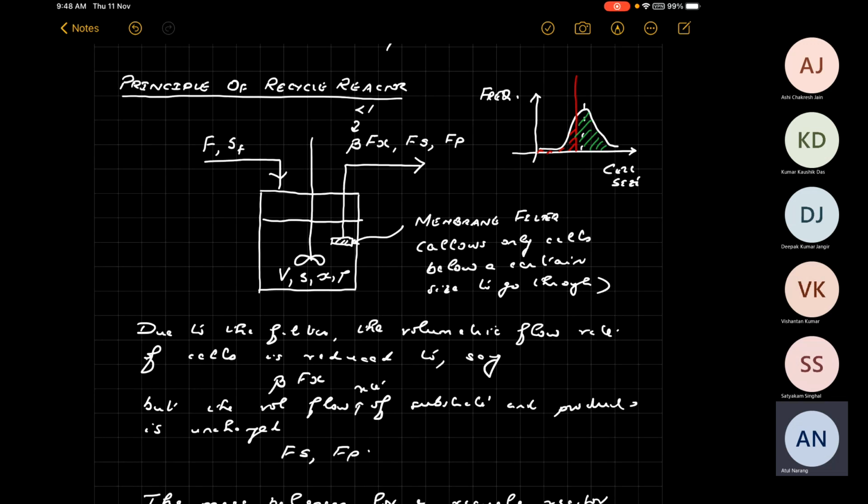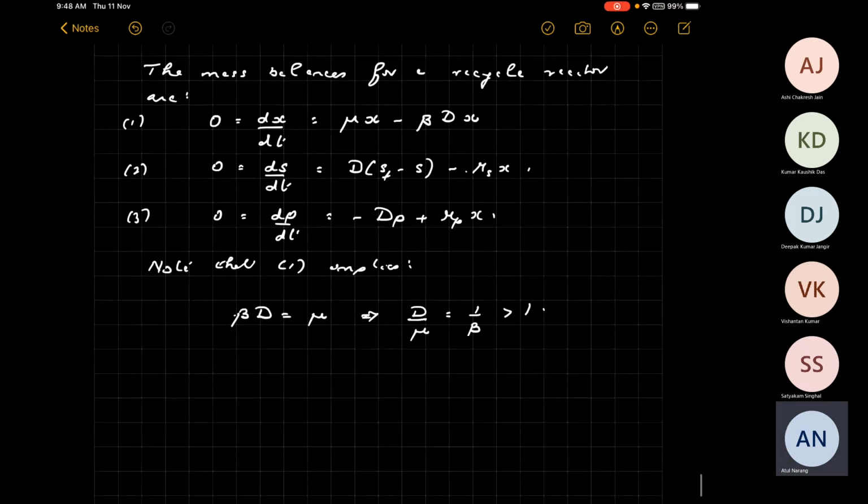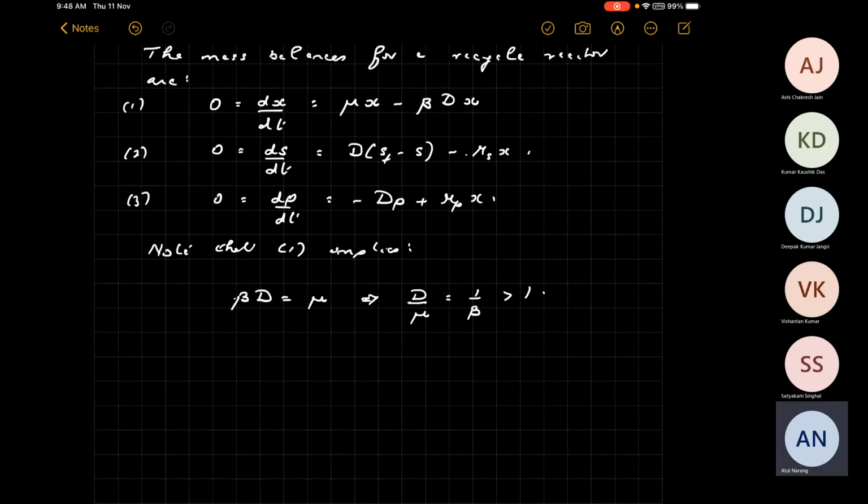If the membrane has a high cutoff, you will have more cells. If it has a low cutoff, you'll have fewer cells. So you can control this parameter beta any which way you want. And by choosing this parameter beta, you can make D over mu pretty much as large as you want. So, there's some restriction as we will see shortly.